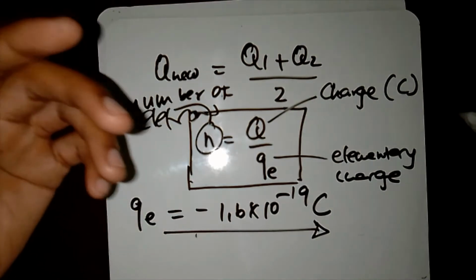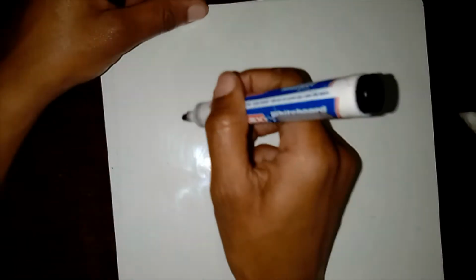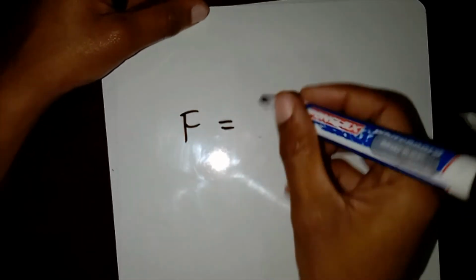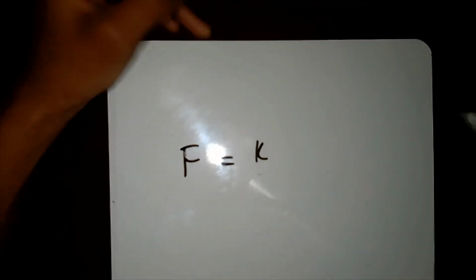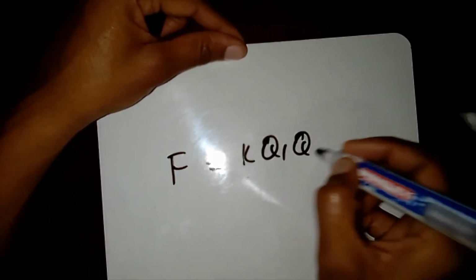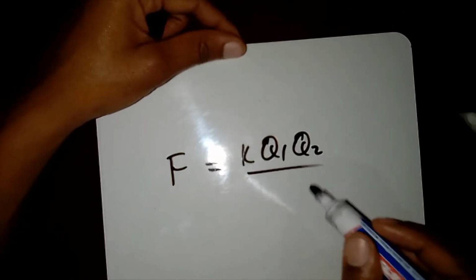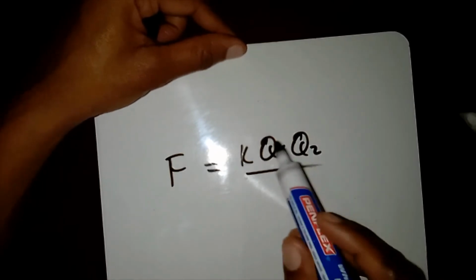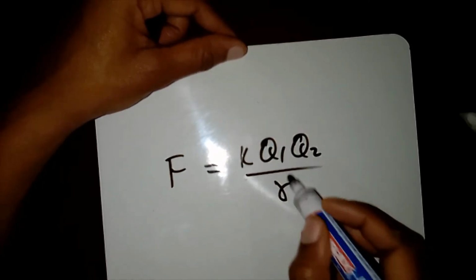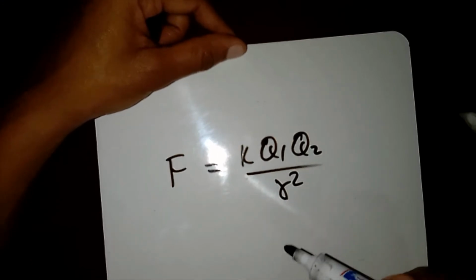But now let us move our discussion to Coulomb's law. What does Coulomb's law say? We've already mentioned earlier that Coulomb's law says that the magnitude of the electrostatic force exerted by one point charge on another point charge is directly, so we have 2 point charges of Q1 and Q2, and they exert a force on each other, and that force is directly proportional to the product of the magnitude of the charges and inversely proportional to the square of the distance r between them.